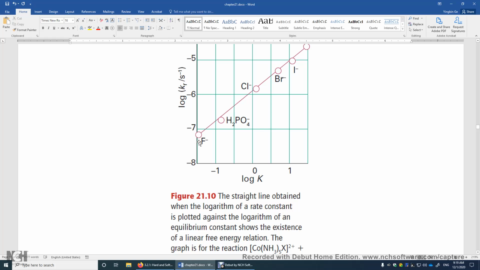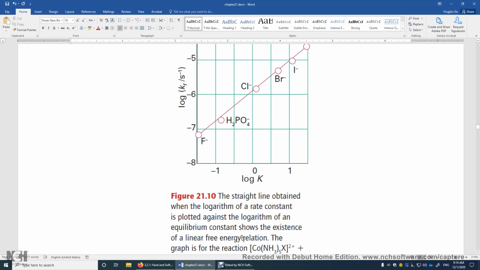All right? So there's a so-called hard-soft acid-base theory about the strengths of the bonds between Lewis acids and Lewis bases. So hard acids and hard bases bind strongly. Soft acids and soft bases bind strongly.